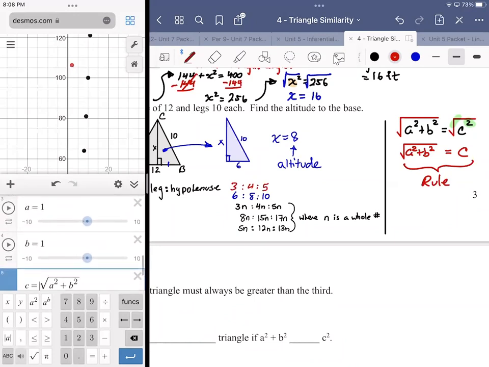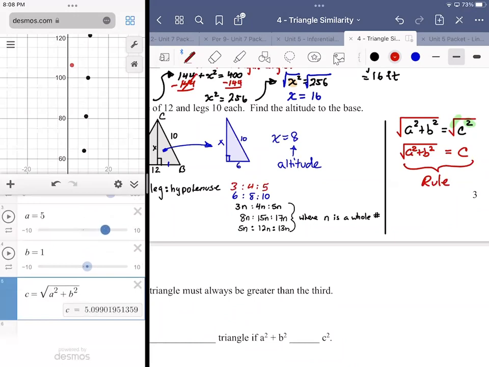So if I put my a slider on 6, eventually, all right, I'll use the Apple Pencil, and if that doesn't work, I'm going to type it in, and put my b slider on 10. I'm sorry, 8. Okay, typing it in.